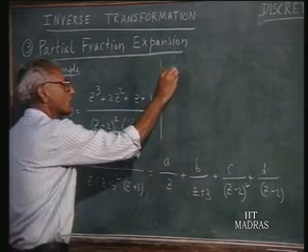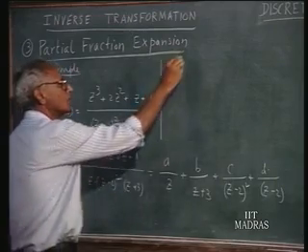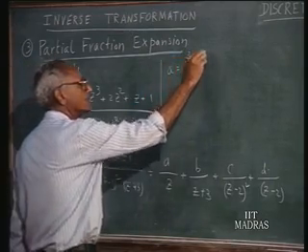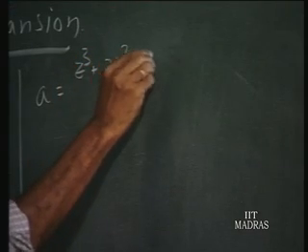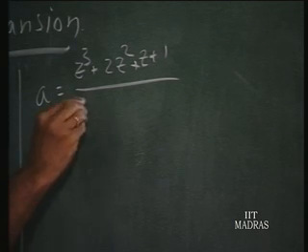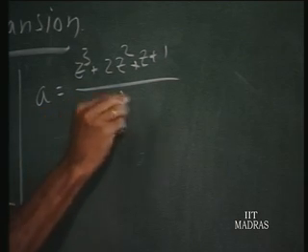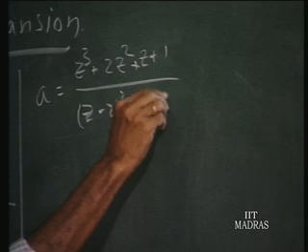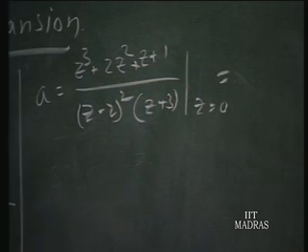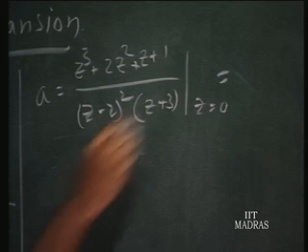A equals (z cubed plus 2z squared plus z plus 1) divided by, you are multiplying this by z, therefore this disappears, (z minus 2) whole square times (z plus 3), at z equals 0. So the value of A will be 1 by 12.